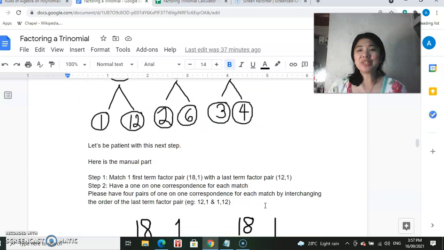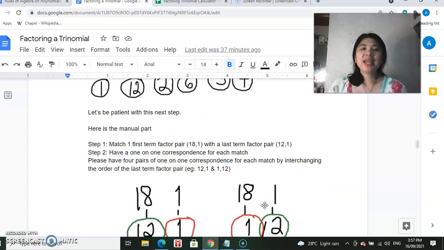So let us be patient with this next step. So here's the manual part. Step 1, match the first term factor pair. Remember, we have a numerical coefficient of 18 for the first term. So we will identify the factor pair of 18. So let's nominate one pair.